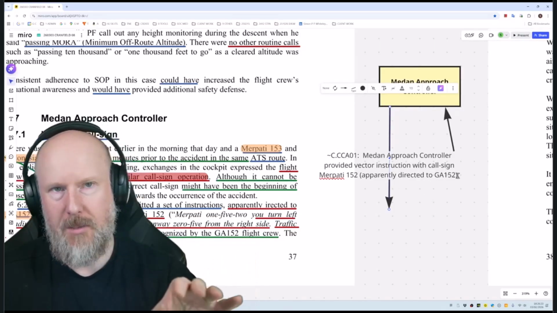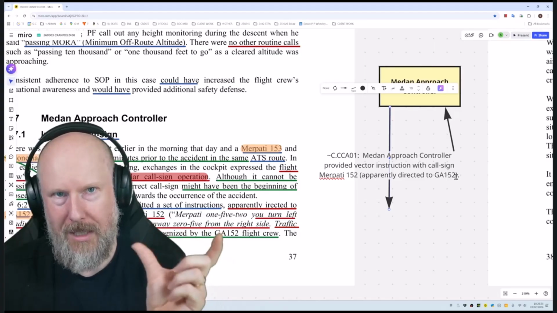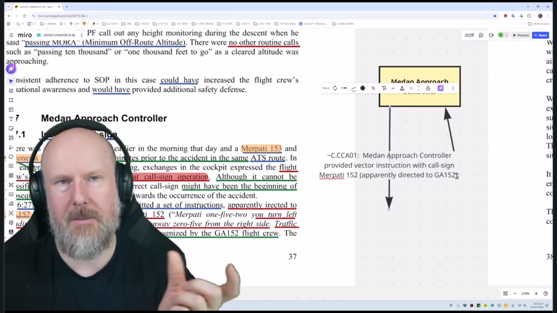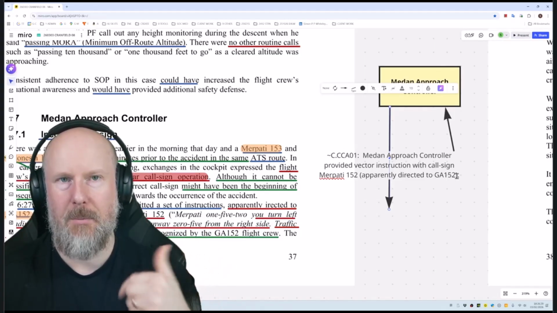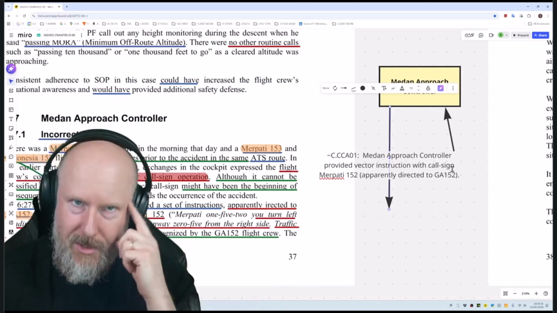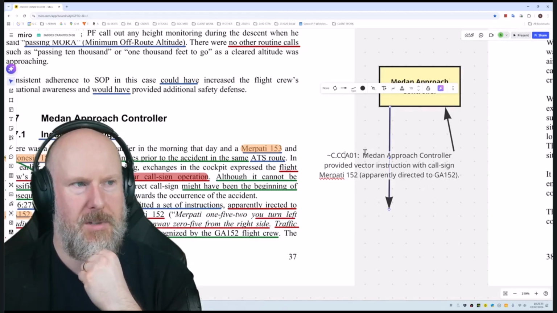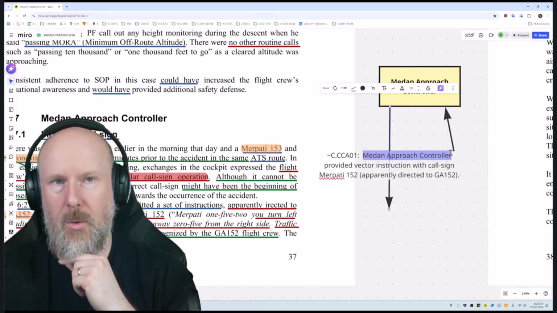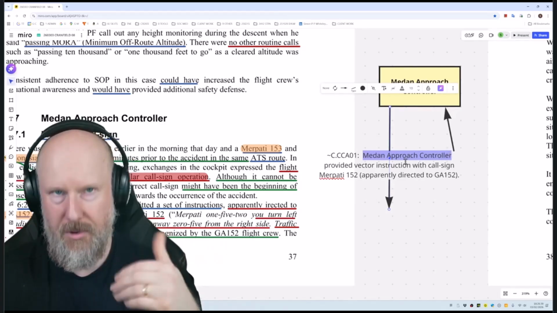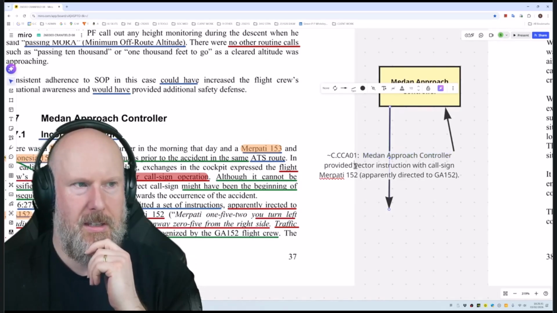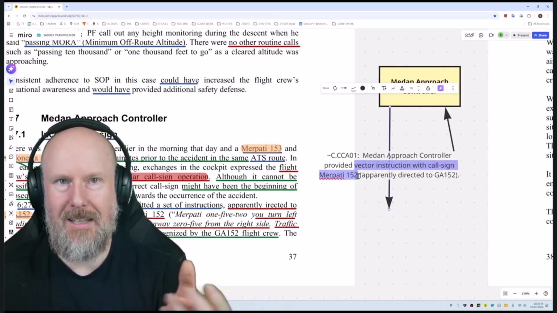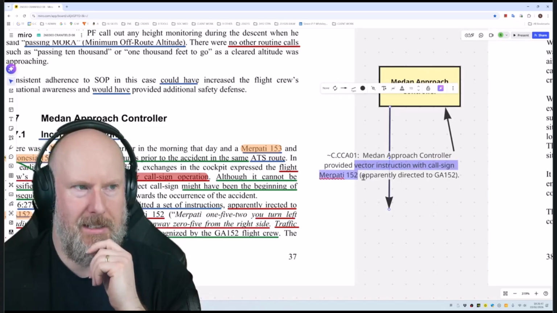And I've also tried to specify it in a formalized specification like you would as part of an STPA hazard analysis, because it's good practice to do that. It sort of gets your creative thinking going, your creative juices. So there we go. There's the controller, the source controller that provides the control action. The vector instruction with call sign 152, that is the control action that they're providing.